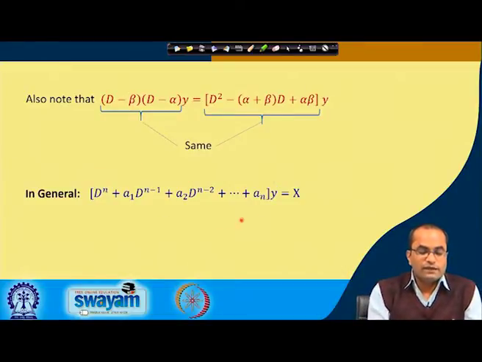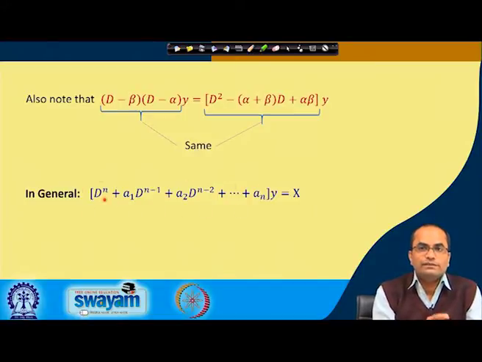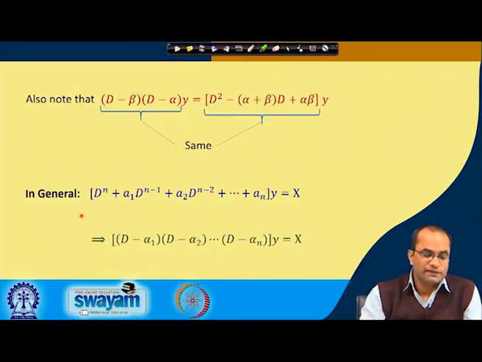So, here also we can factorize, because this is a kind of polynomial equation in terms of D, if we do not worry about D being an operator. So, it is like a polynomial equation, and we can factorize it.